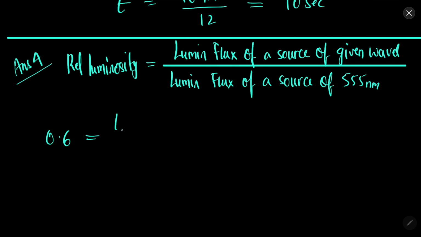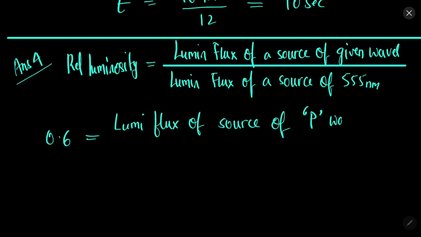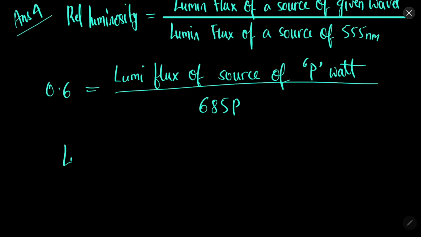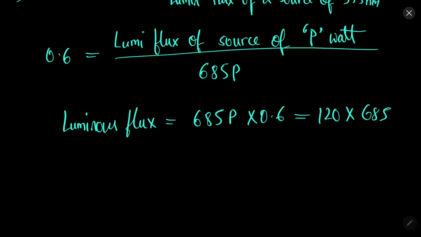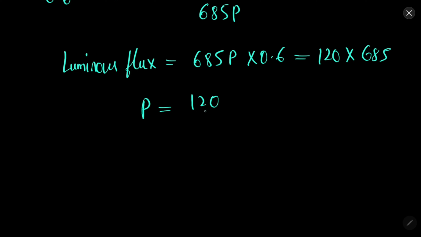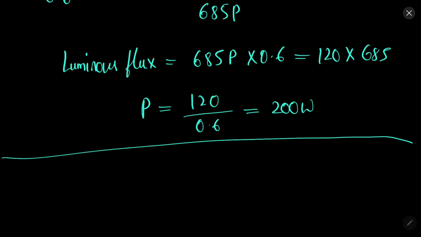So 0.6 equal to luminous flux of source of, let's say, P watt or X watt over 685 P. So the luminous flux will be 685 P into 0.6, which will be 120 into 685. So P will be 120 over 0.6 equal to 200 watt. So this will be the value.